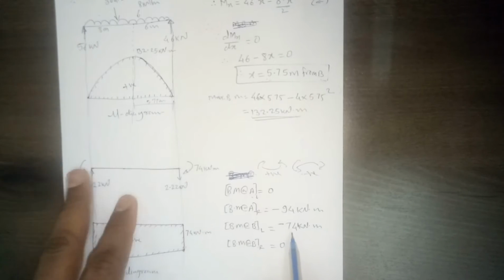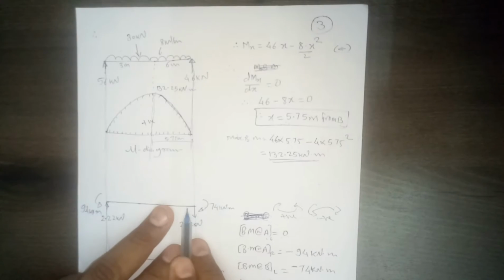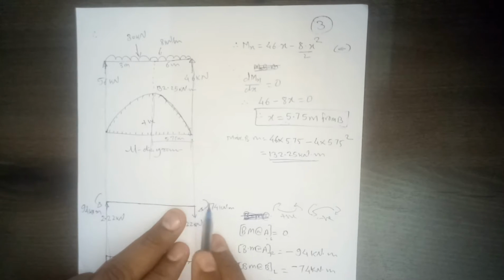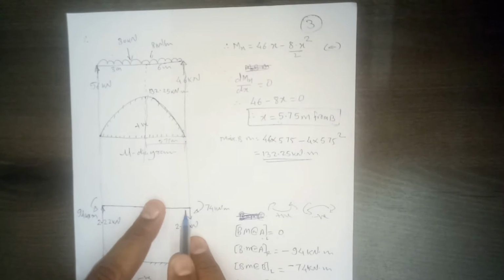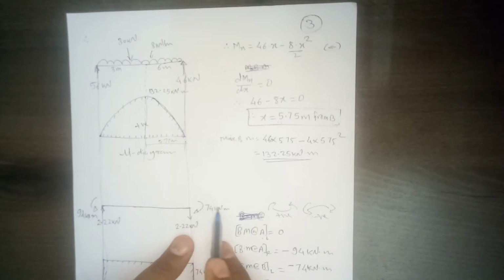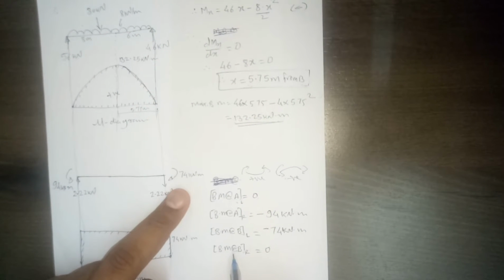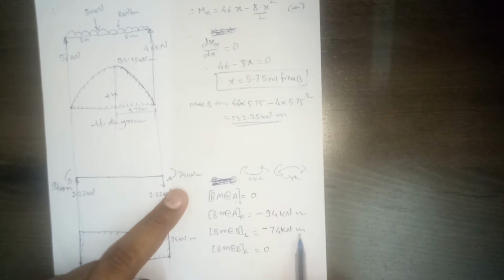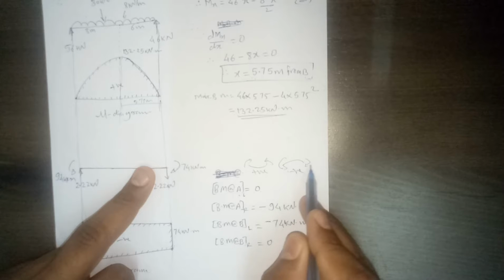Then there is no force in between. So at the right hand end, if you are on this side, then this moment will be there. If you cross this, then there won't be a moment. So if you are on the left hand side of point B, then we have to consider this fixed end moment, which is minus 74 kilonewton meter. Again, it is bringing this end down. It's like a hogging moment, so minus sign.